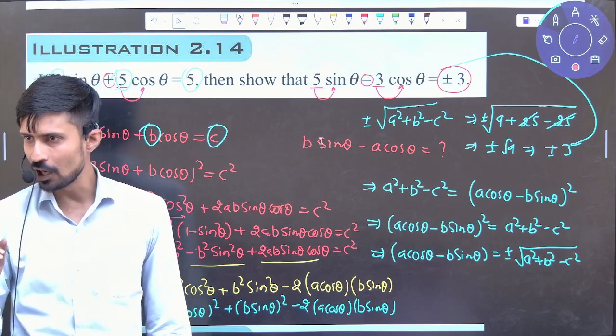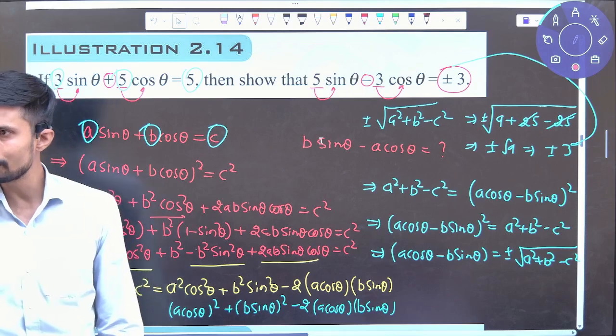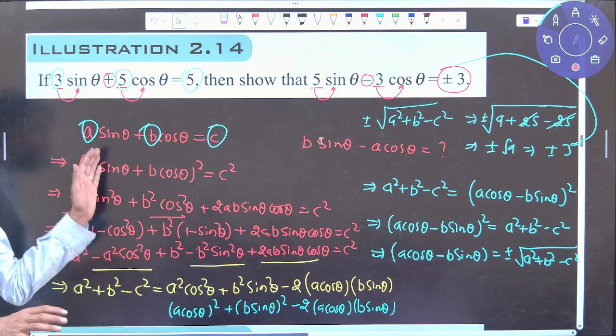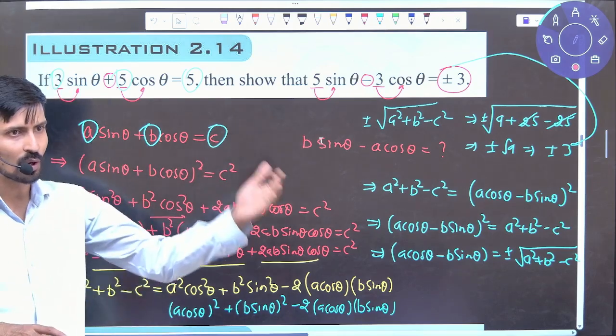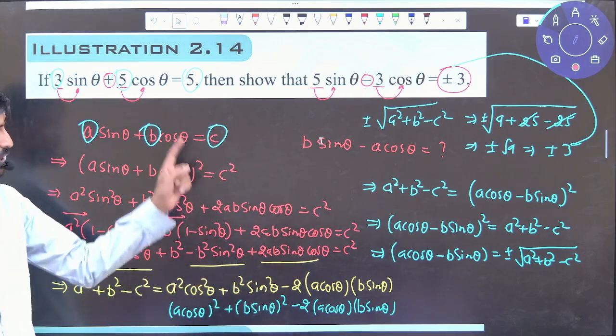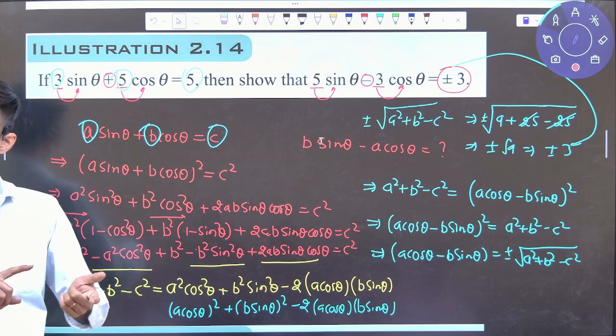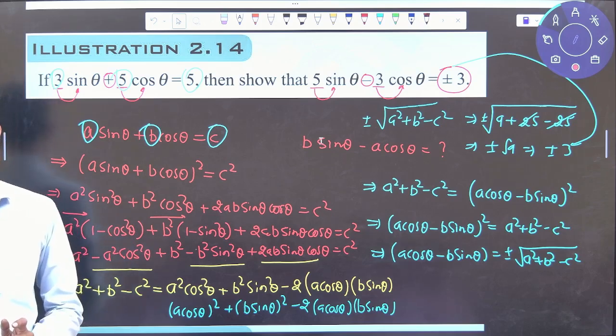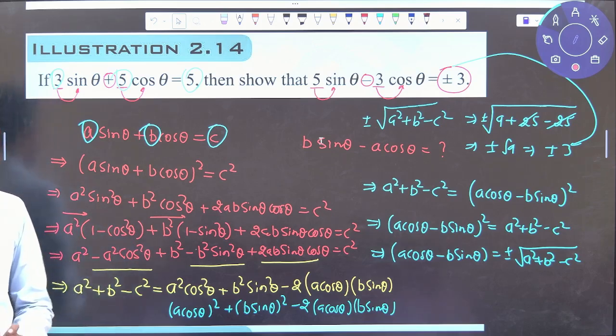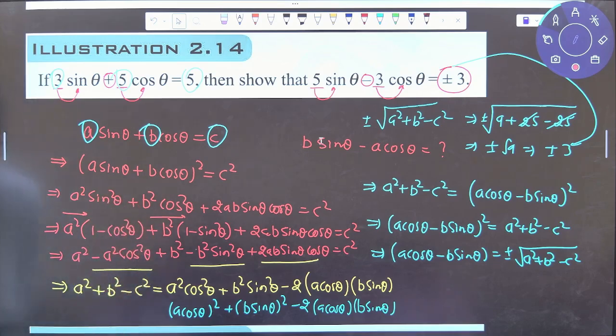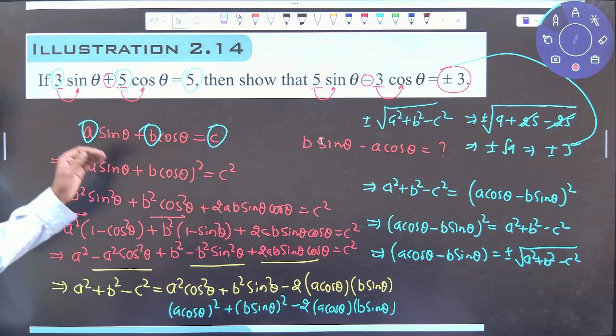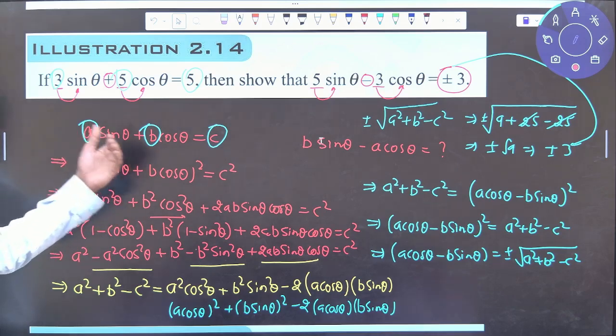It totally depends on how many different types of questions you know how to solve. Like this question and the last question, both questions are very different from each other. Yes, na? Okay, so write down what you have learned and also you have to check what you have learned in this question.